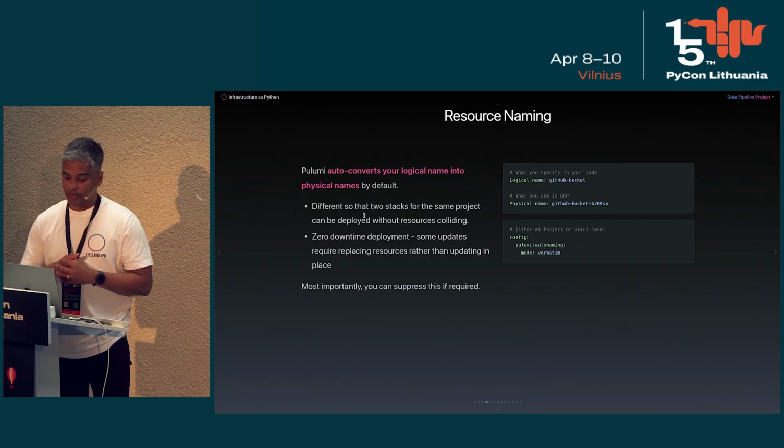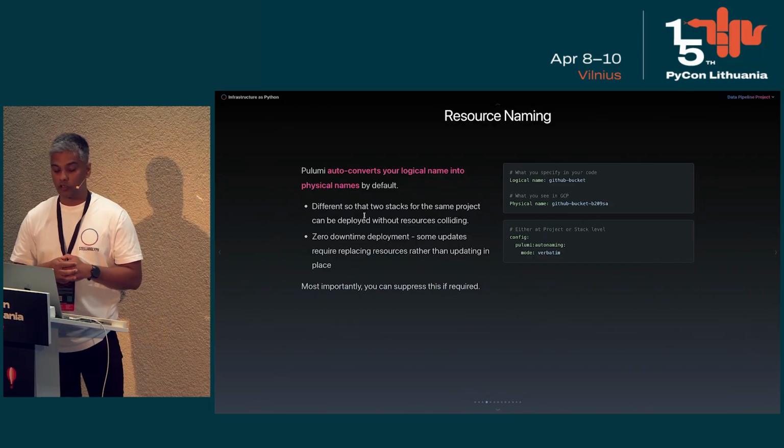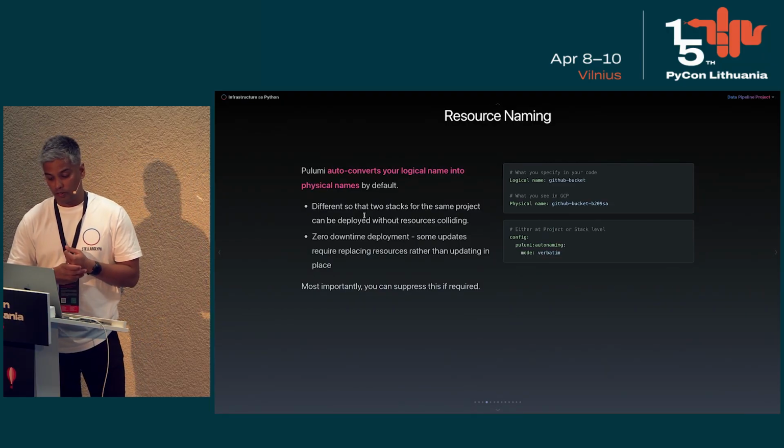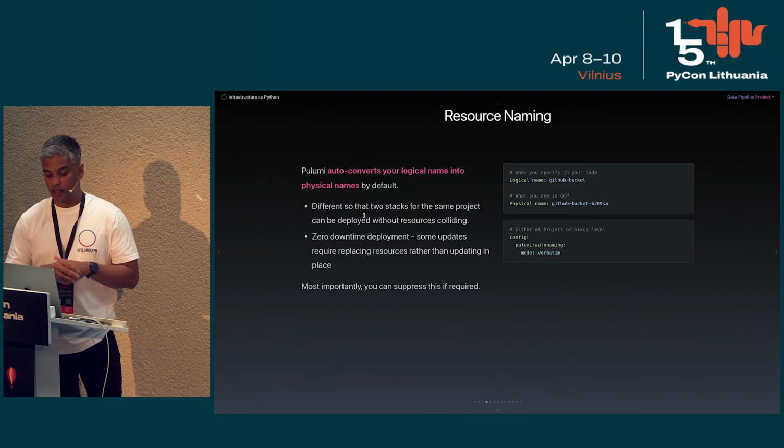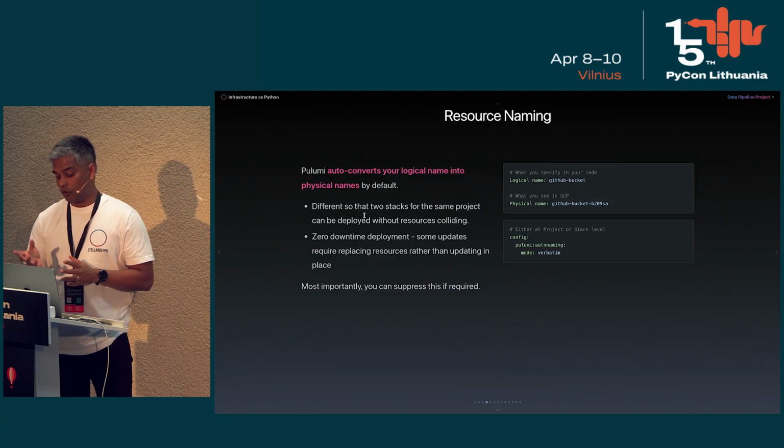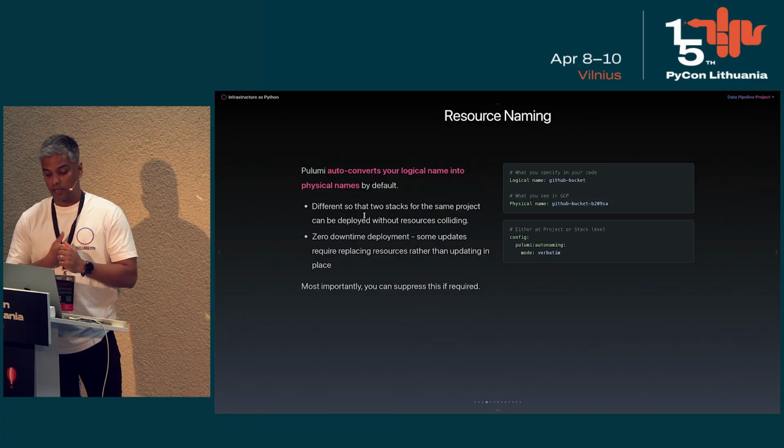Others will update in place. But for those that require the teardown, Pulumi will create the new resource with a new name, with a new suffix, and then it'll tear down the old resource. So that means you shouldn't have any drop in service or uptime. And also, most importantly, you can suppress this if required.